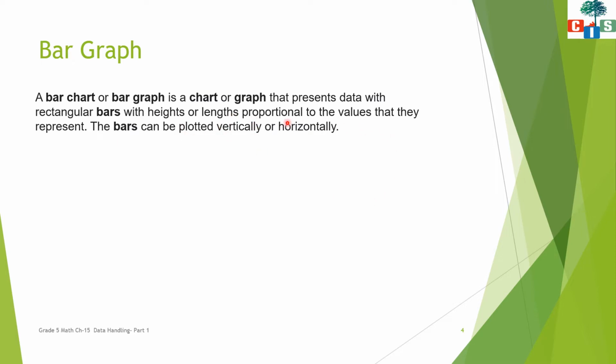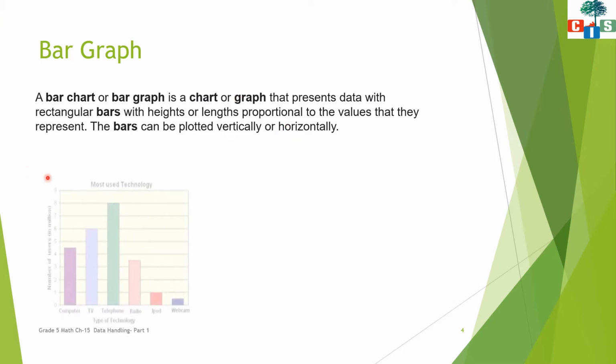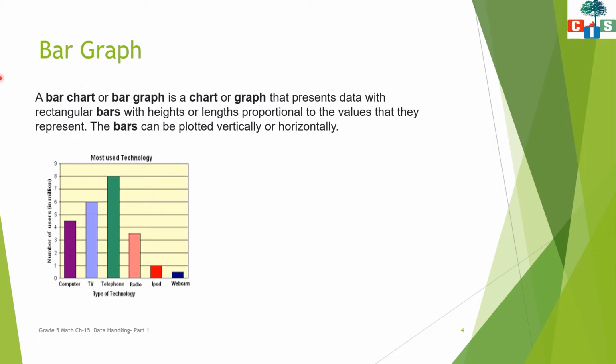So scholars, keep in mind that a bar graph is represented with the help of rectangular bars. Can you see this graph? This is a bar graph. It has rectangular bars, and this bar graph shows the type of technology used by number of users.